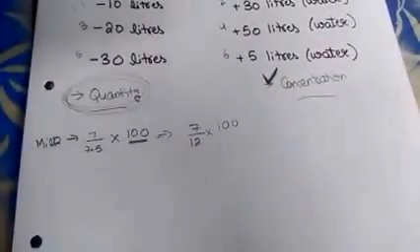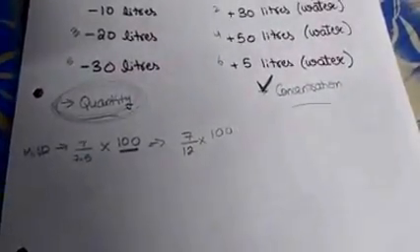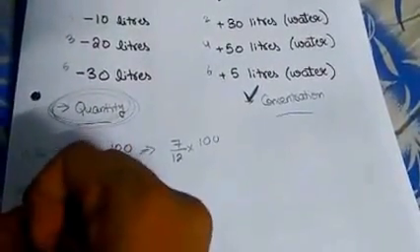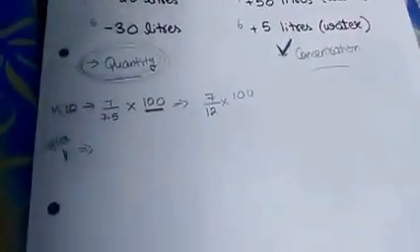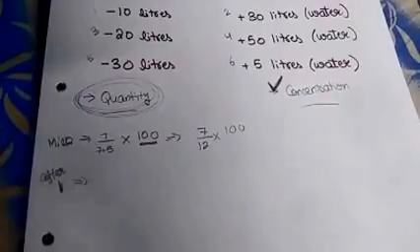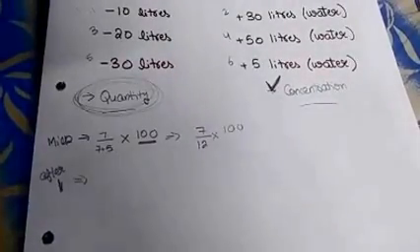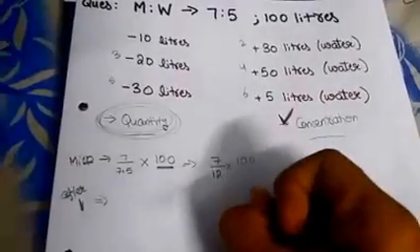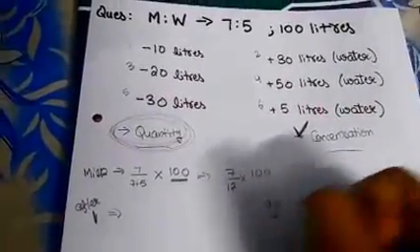Now the first activity happens, so we remove 10 liters. So now we are left with 90 liters, right? So after event 1, we would have removed 10 liters from 100 liters, and the final volume would be 90.